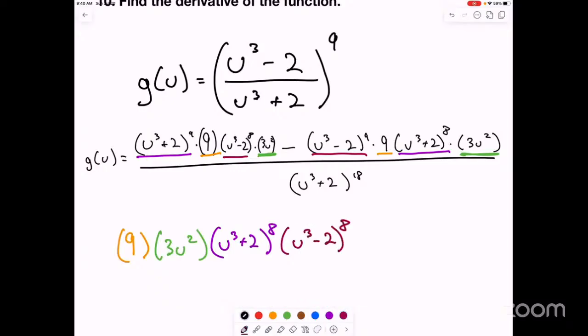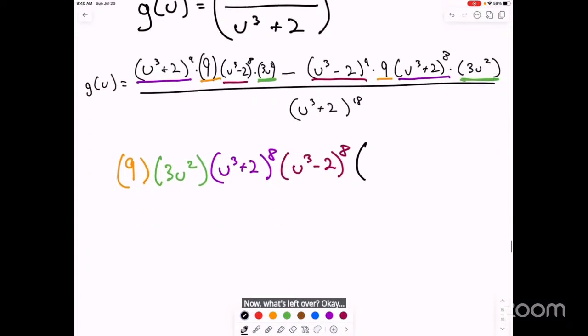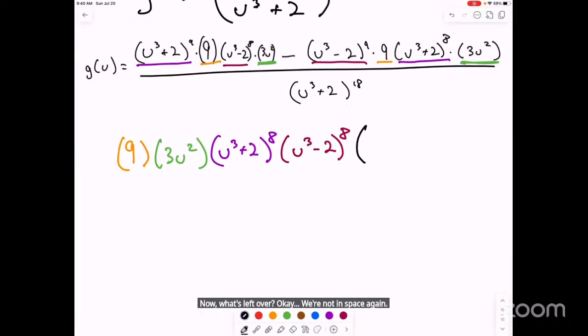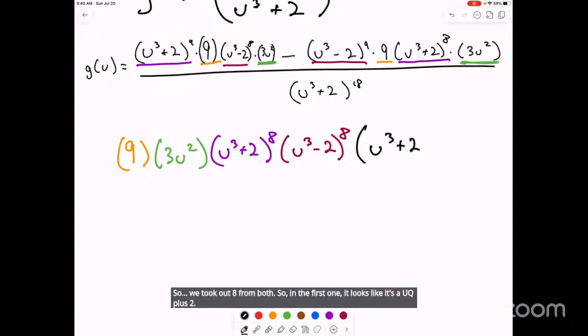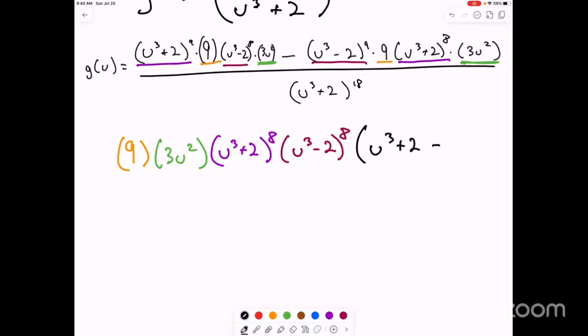Now what's left over? Run out of space again. So we took out 8 from both. In the first one, it looks like it's a u cubed plus 2, minus, in the second one, a u cubed minus 2.